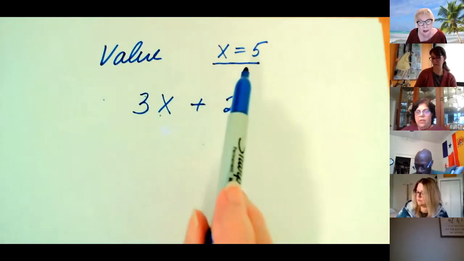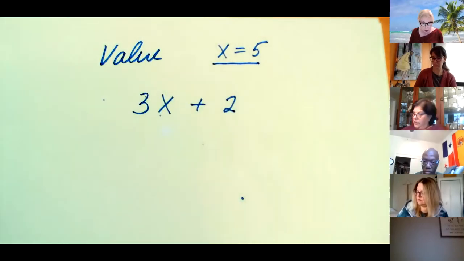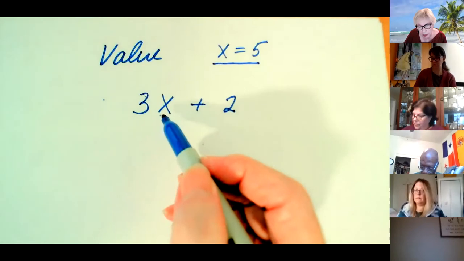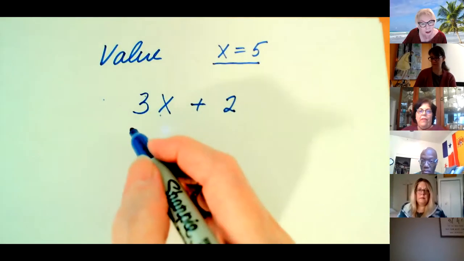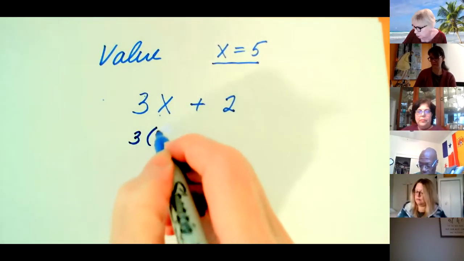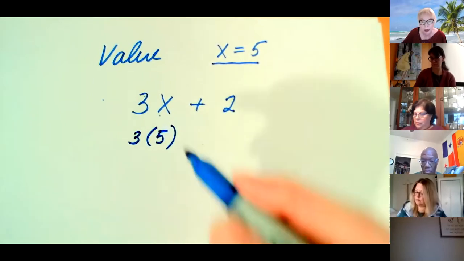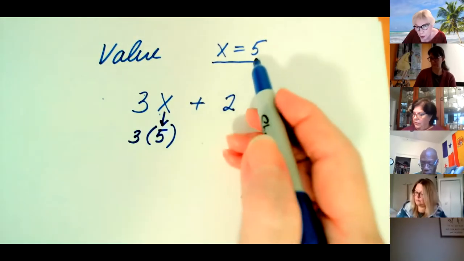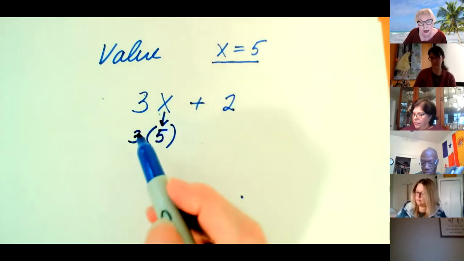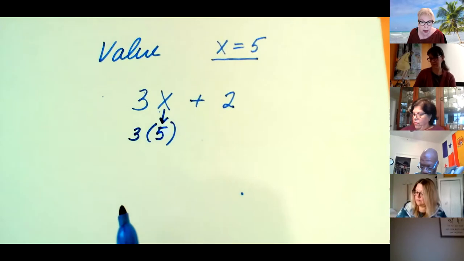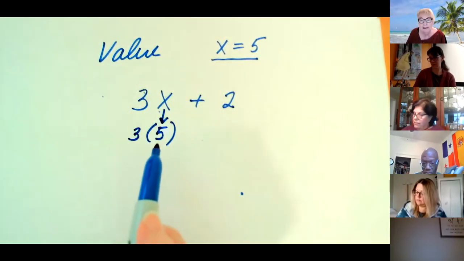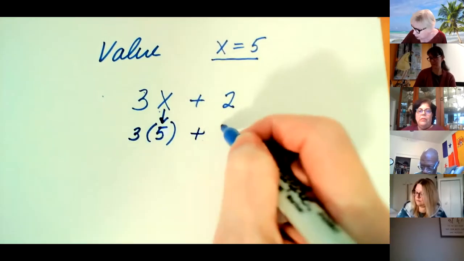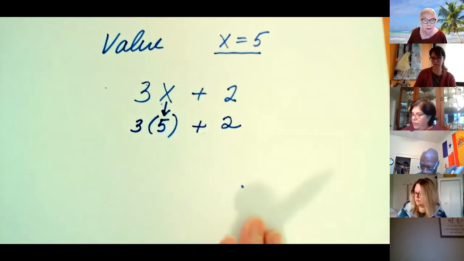And so x is 5, which means we're going to substitute. So when we substitute, we now know what x is. When you substitute, your very best plan is to use parentheses. So the x is replaced with its equivalent, which is 5, and I'm putting parentheses around that and dropping the 5 inside the parentheses. And then it's a plus 2 at the end, which I can't ignore.